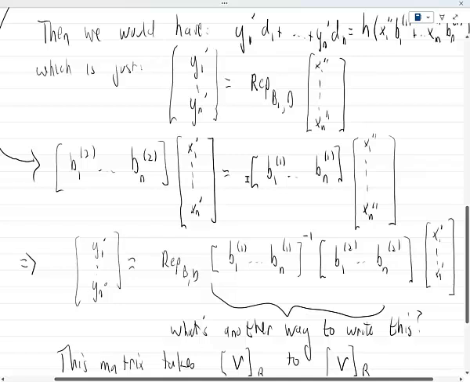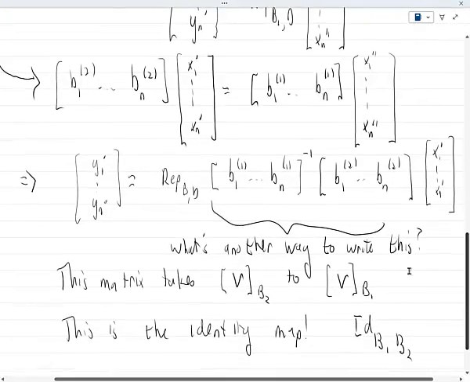Now, what's another way to write this equation here? Well, what are we doing here? We're going from the coefficients x1 prime through xn prime to the coefficients x1 double prime through xn double prime. So it's the same vector. We're relating the different coefficients of the same vector. We're identifying this vector with this vector, just representing it in terms of different bases.